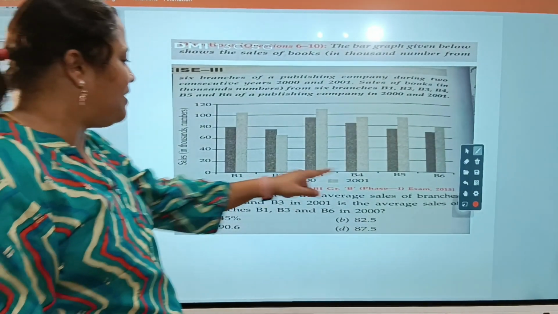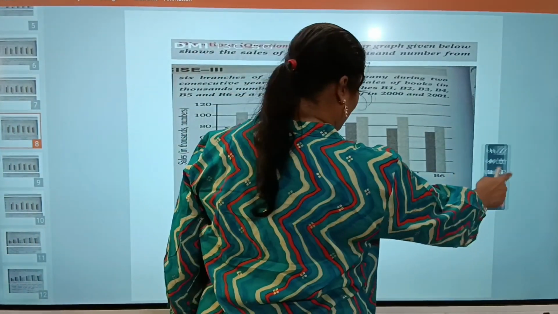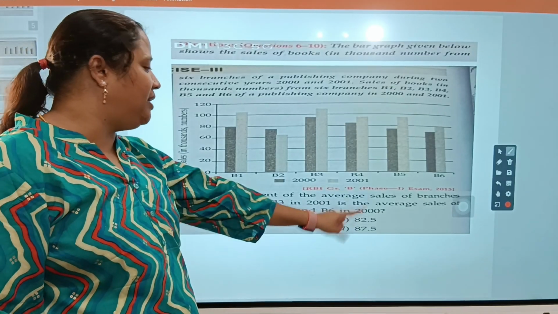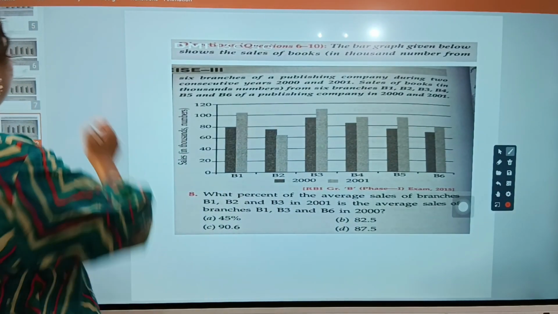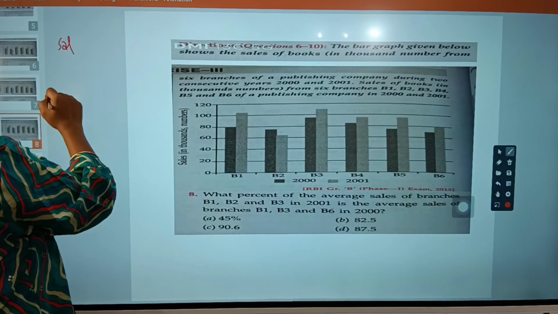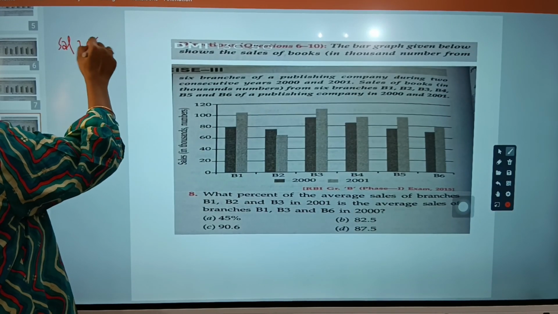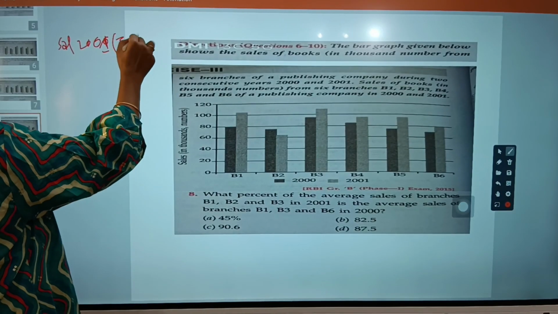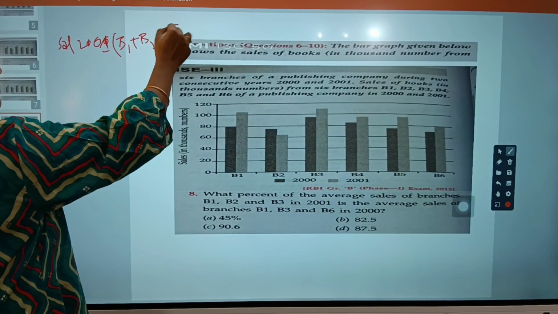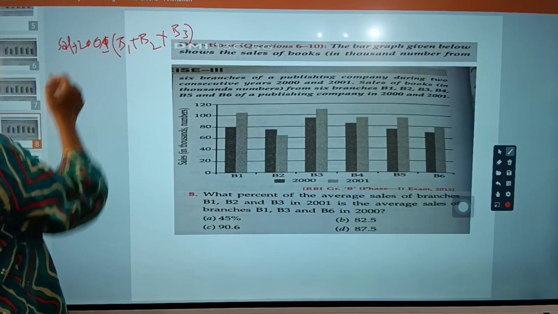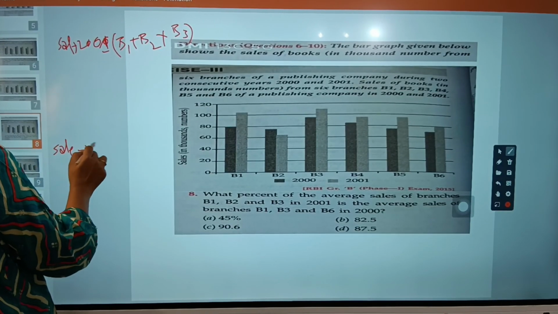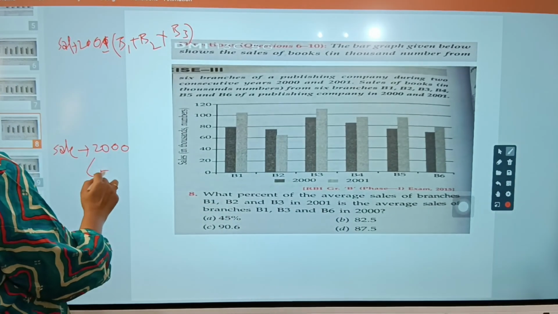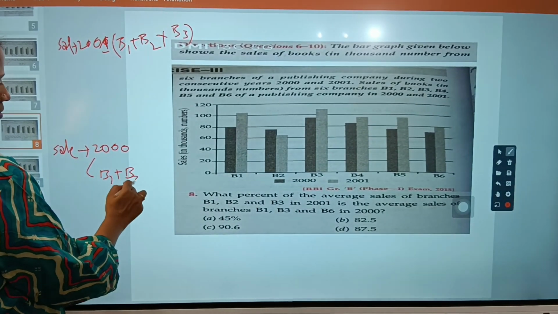So what percent of the average sales of branches B1, B2, B3 in 2001 is the average sales of branches B1, B3, B6 in 2000? So we have to take the sale in the year 2001 for the branches B1, B2, B3, and the sale for the year 2000 for the branches B1, B3, B6.